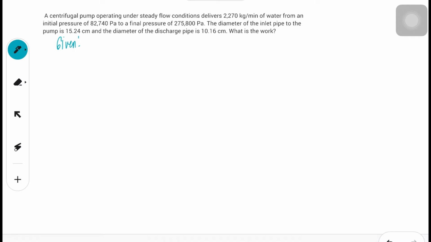So we have a pump. Entering condition: the mass flow rate is 2000.